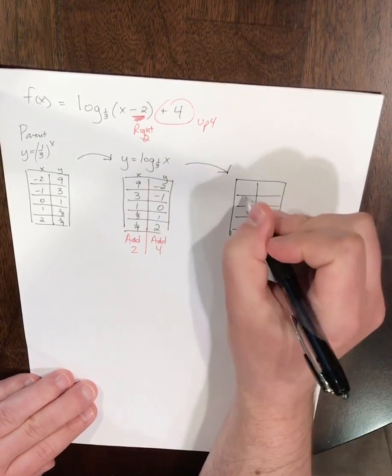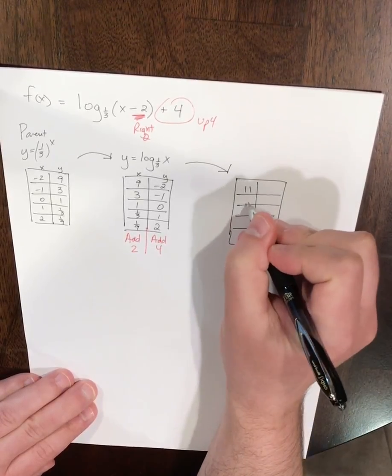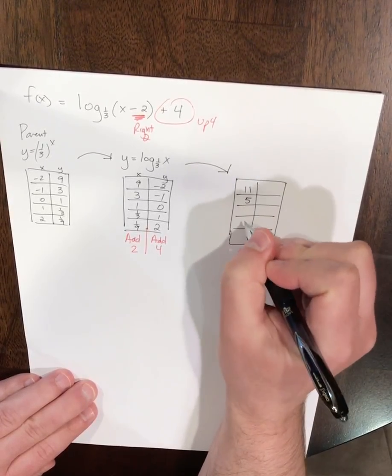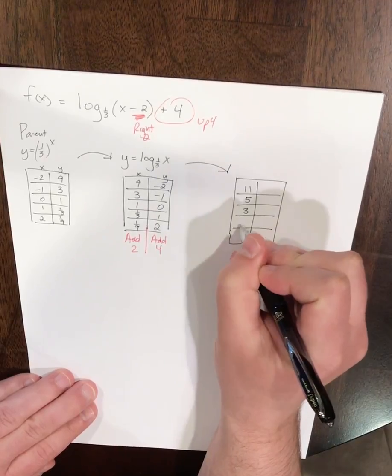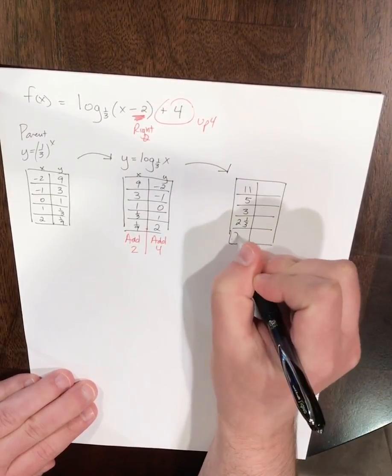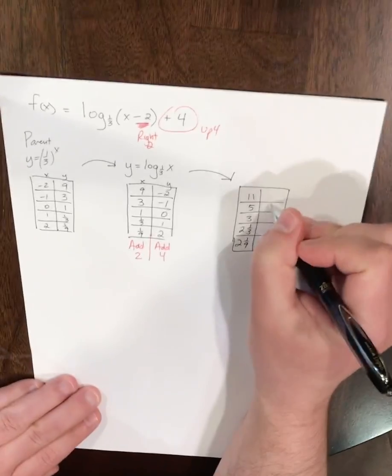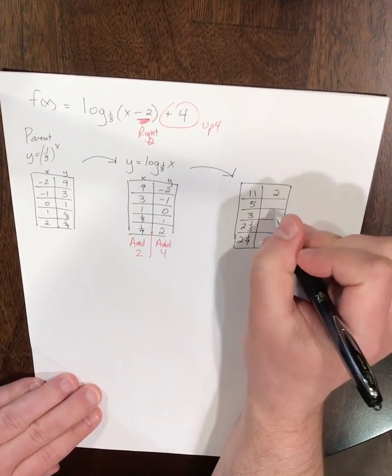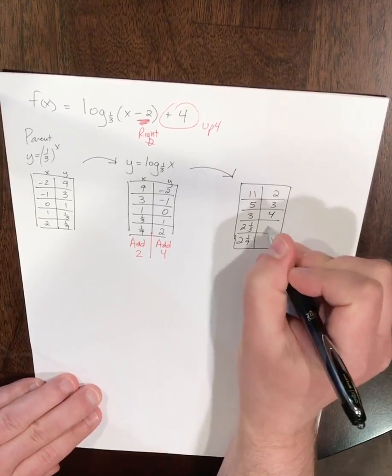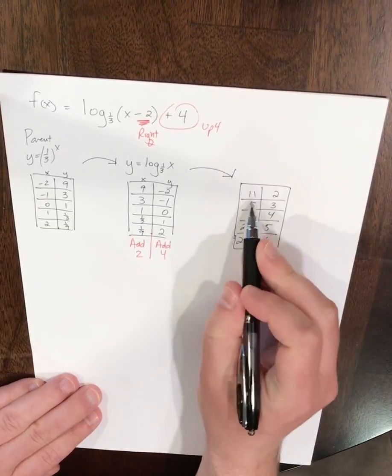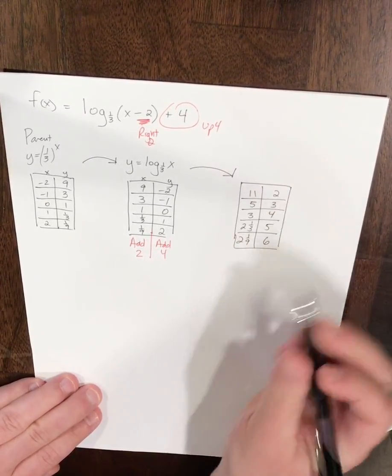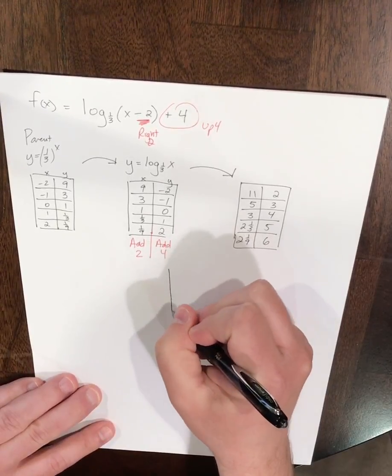So adding 2 to these, 11, 5, 3, 2 and 1/3, 2 and 1/9. Adding 4 to these, that will be 2, 3, 4, 5, 6. So I guess we could make it go up to 11. Why not? Not that far off.